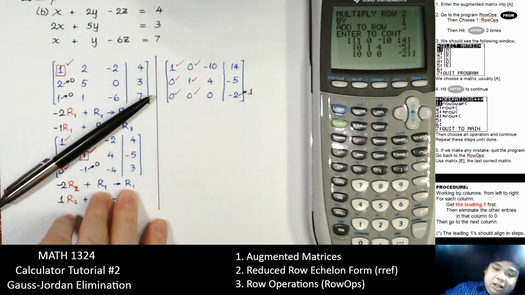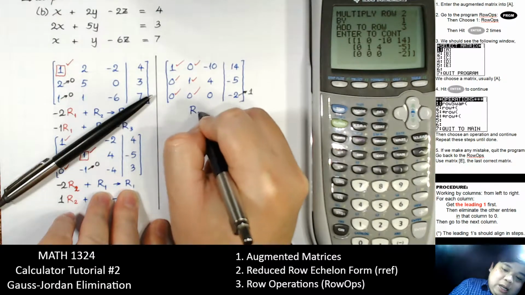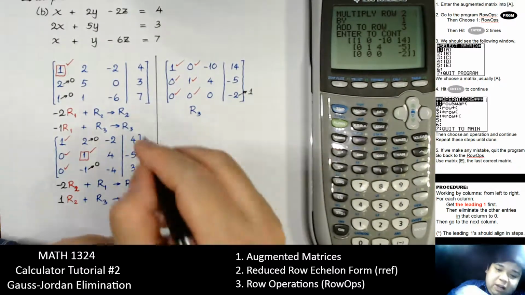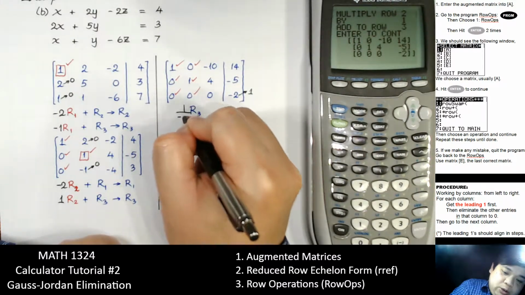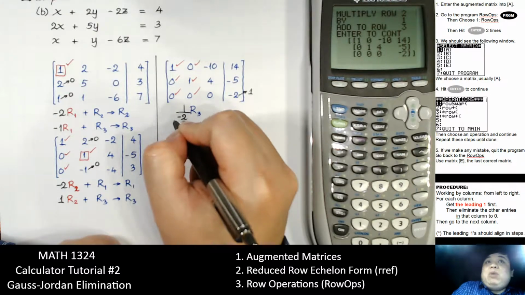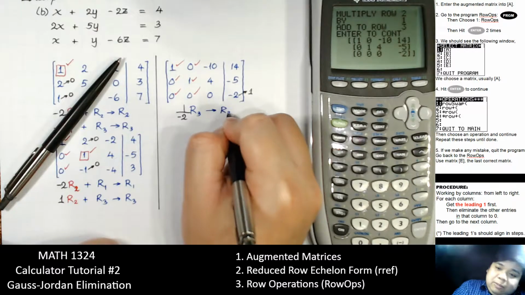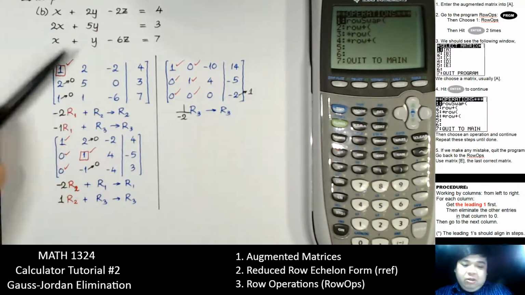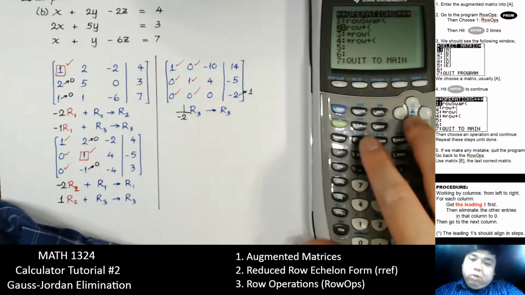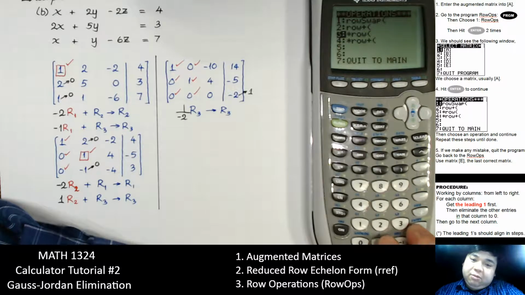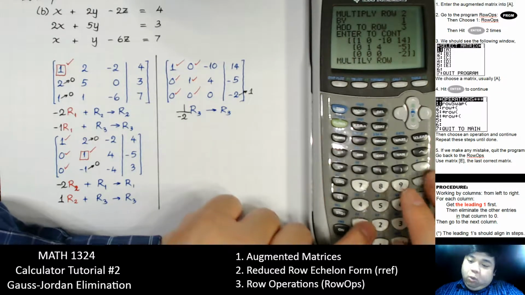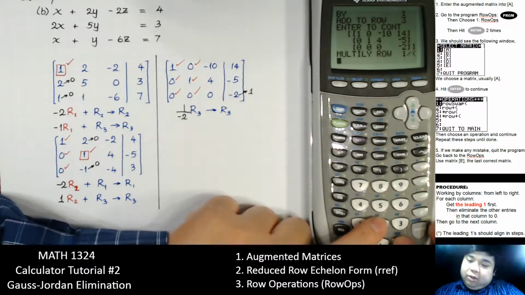So we take row 3. If you divide by itself, like if you divide by -2, then that will give you 1. So enter to continue. We multiply a row, so option 3 instead, by 1 divided by -2.